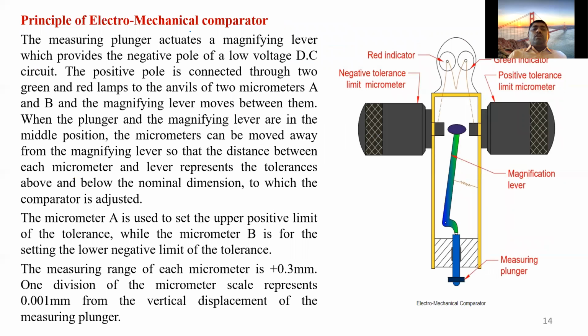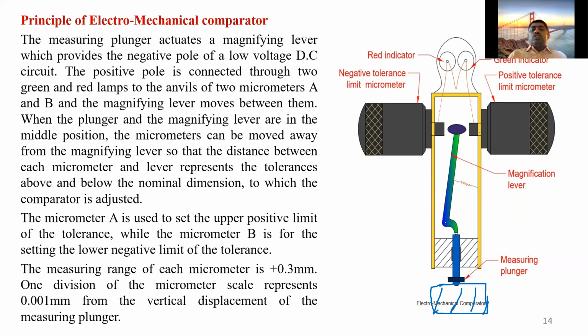The principle of the electromechanical comparator is, when we place the workpiece underneath the plunger, the measuring plunger actuates the magnification lever, which provides the negative pole of a low voltage DC circuit.